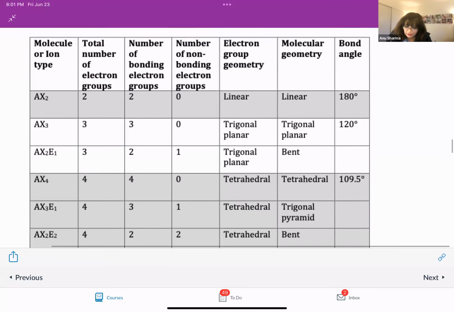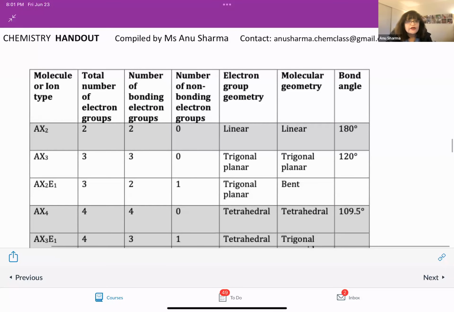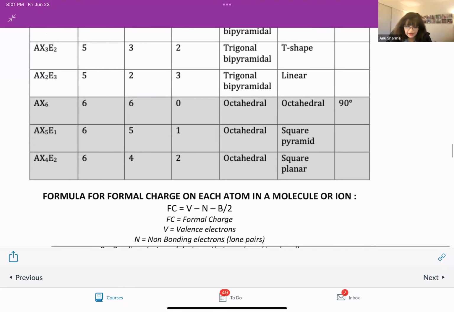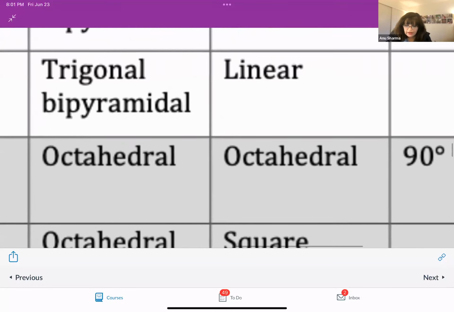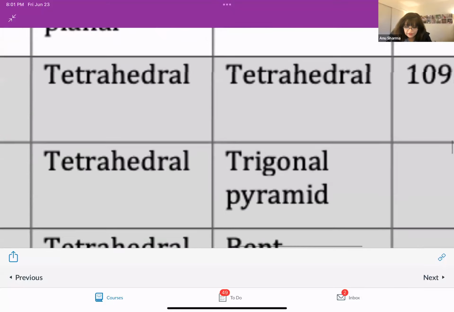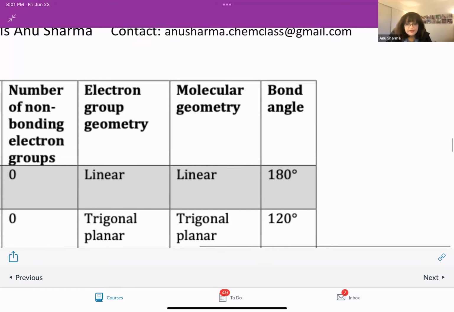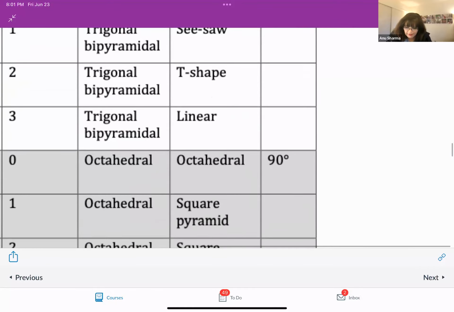Then comes the third one, which is the number of non-bonding electrons, which are the lone pairs. AX2E3 is the number 3. So there are 3 lone pairs and 2 bonded atoms. So the shape is what? Trigonal bipyramidal, and that is the triangle. If the question is asking you what is the electron group geometry, it is trigonal bipyramidal.